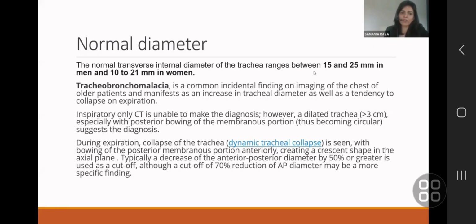Absolutely not. You cannot make that diagnosis definitively purely based on an inspiratory CT. You need an expiratory CT to follow that up, because you want to demonstrate that that trachea isn't performing the way it should. What you're seeing is too much collapse of it on expiratory film.